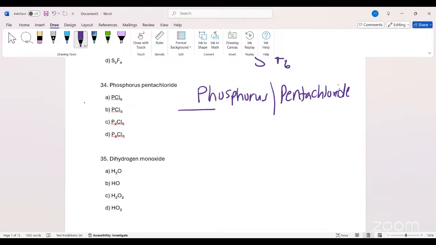So right here, phosphorus is P, penta is 5, chloride is Cl, but we have to rewrite this as Cl5 in that order. Bring the P down and you get PCl5. So your answer is letter A.